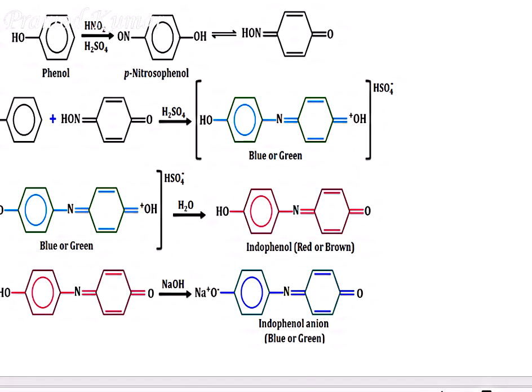So once you add water to this, excess of water, it gets converted to red color. You get a neutral red colored species. This is your neutral, this is your red color.